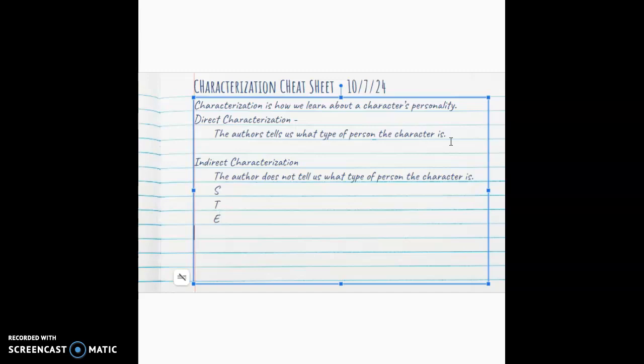I'm going to briefly go over STEAL. Again, this should be review from middle school. STEAL. So S is, what does a character say, right? What are their direct quotes? Quotes or dialogue.